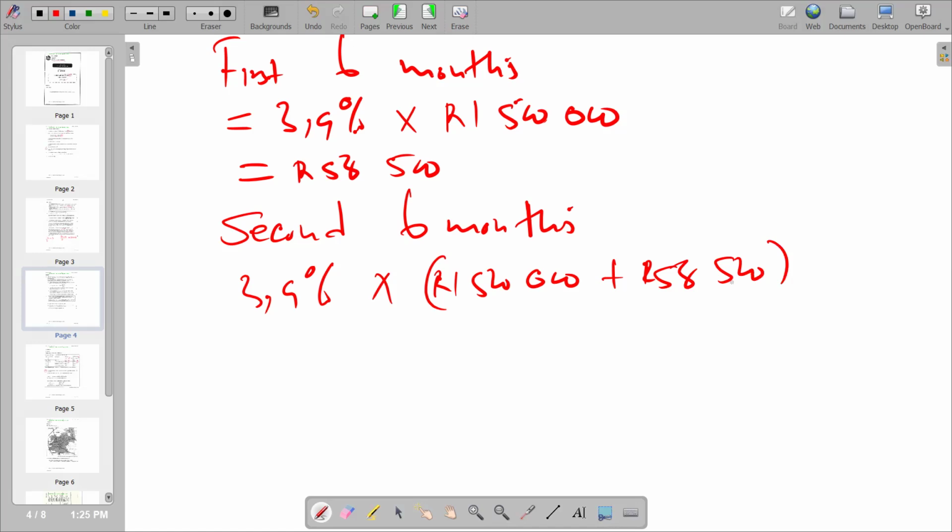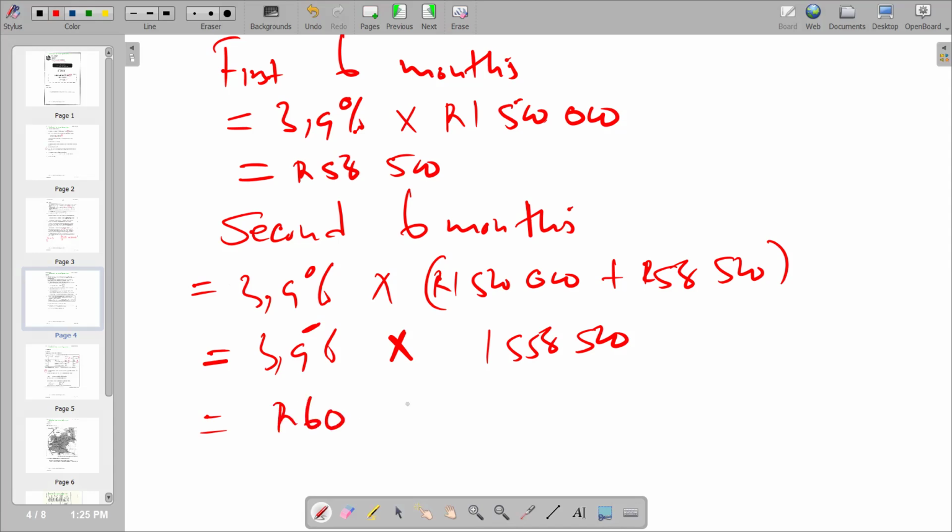So if we do that, it's going to be 3.9% times 1,558,500. So what do we get from there? We are going to see that what we get from there becomes 60,781.50.